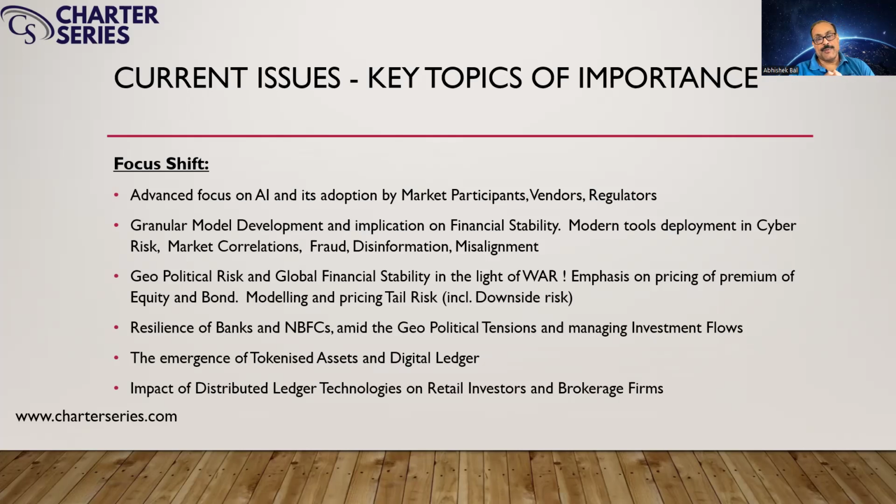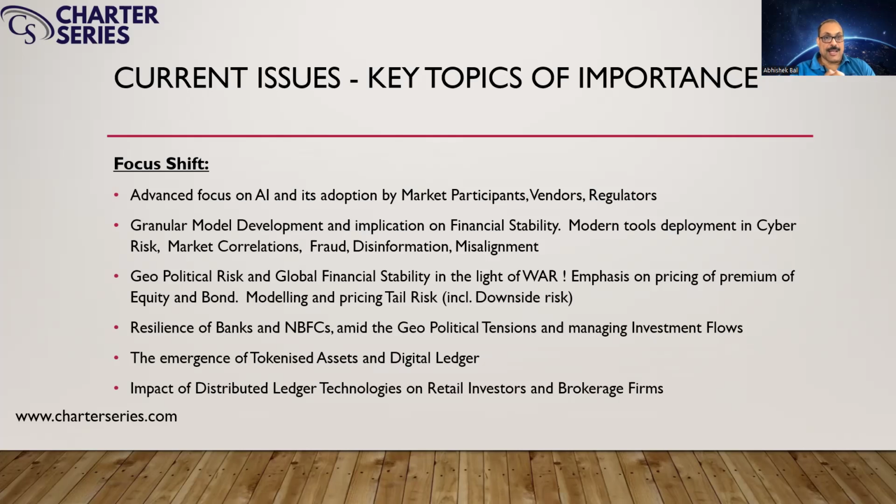Geopolitical risk. So it's not limited anymore to the Russia-Ukraine war. As you would know, global tensions are flaring everywhere. So what it entails, most significantly as part of the tail risks, those areas are being thoroughly and very deeply covered this time around, and what it means as far as global financial stability is concerned. So I read out: geopolitical risk and global financial stability in the light of war, emphasis on pricing of premium of equity and bond, modeling and pricing tail risk, the downward risk.